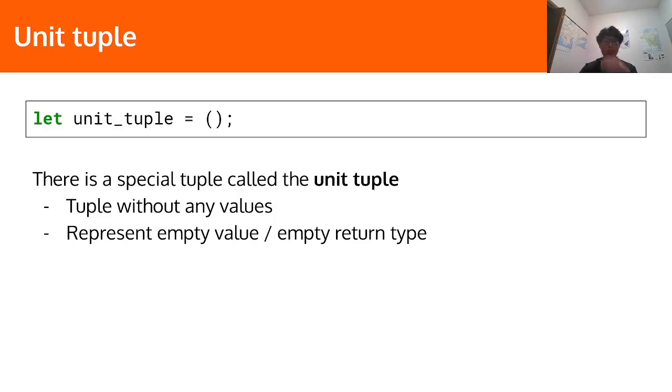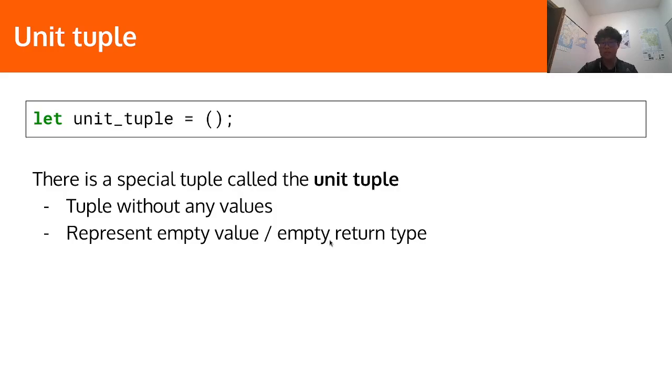Now before we move on to the next compound type, there's an important thing to take note of. There's a special tuple called the unit tuple, and it looks like this. For example, there's a variable called unit tuple, which is basically just a tuple without any value, like an empty tuple. In Rust, it represents an empty value and an empty return type.